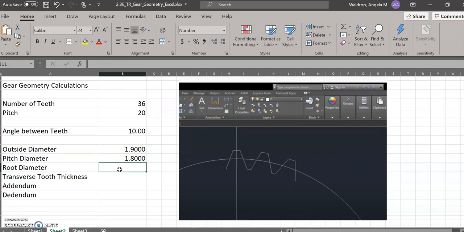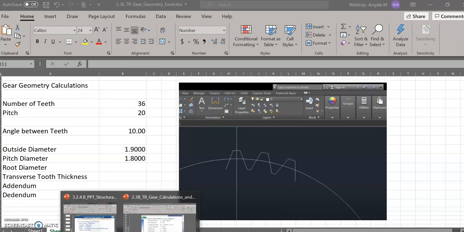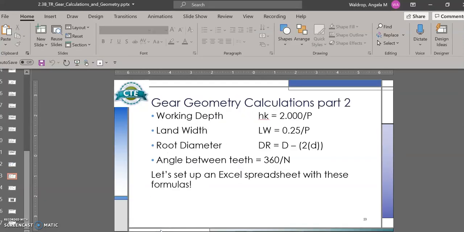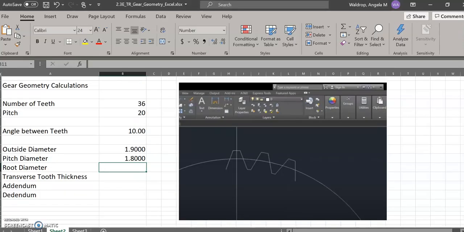Lastly, the last diameter I'm going to need is the root diameter. I go back to my calculation pages for that, and you can see that what I'm going to have to do is D minus 2 times the dedendum. That's the pitch diameter minus 2 times the dedendum. I can set up the formula first if I want, and we can go ahead and do that.